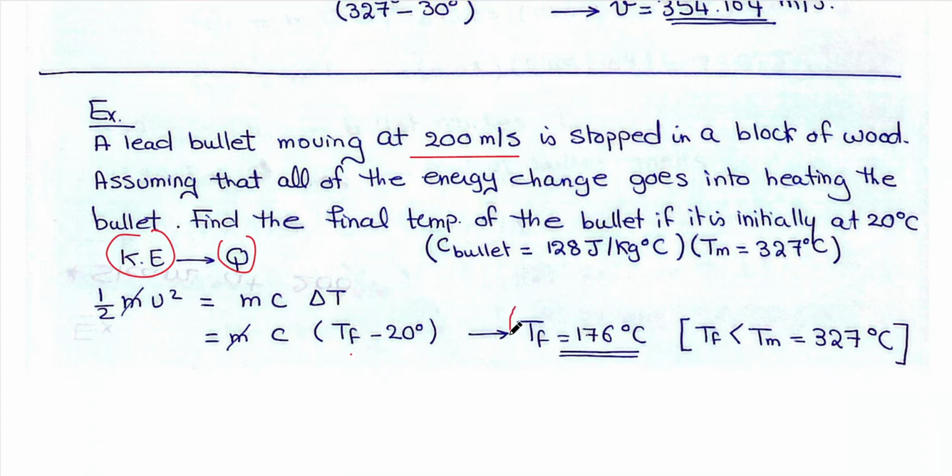Substitute to calculate the T final. But this is not enough. I have to ask myself, is this T final less than the melting temperature? Yes, it is less than the melting temperature, so this is the correct answer.